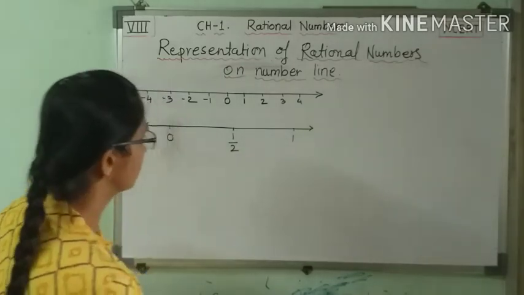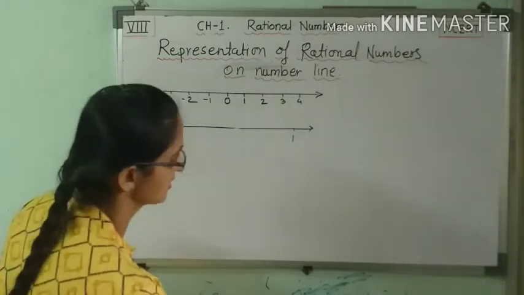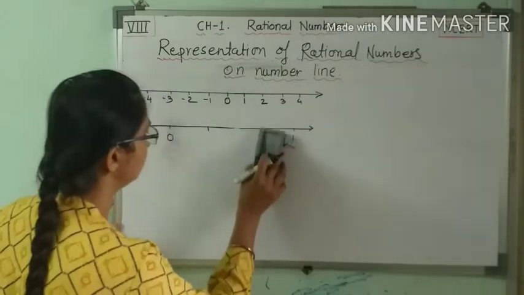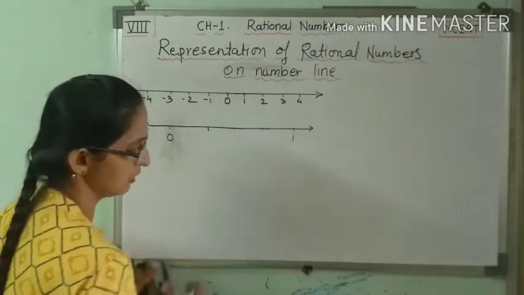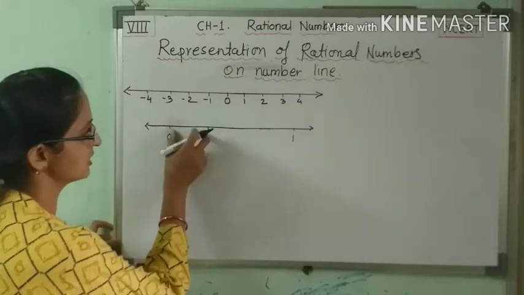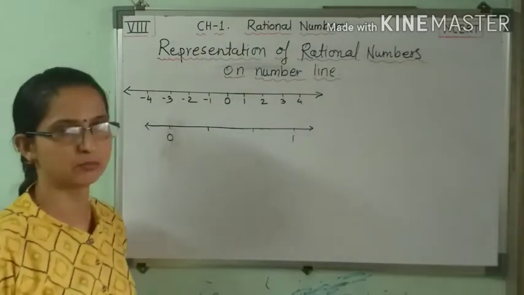Now if I divide this total distance in 3 equal parts, then each part is represented by 1 upon 3. That is, this is 1/3 part, this is also 1/3 part, this is also 1/3 part.